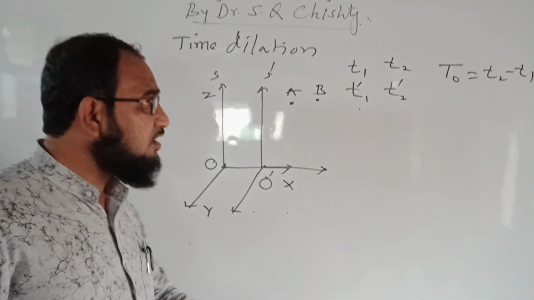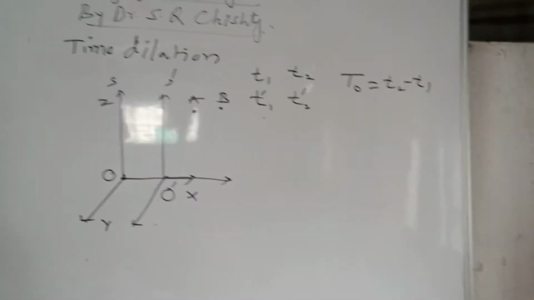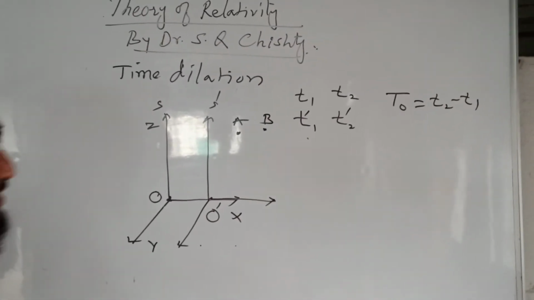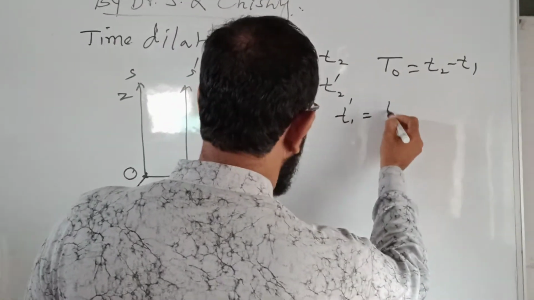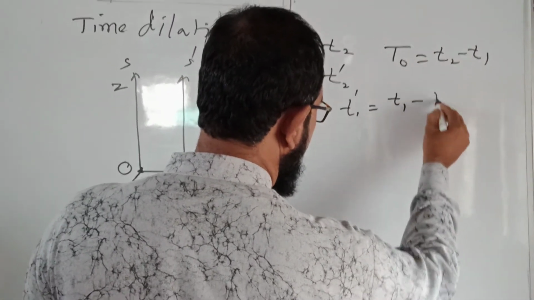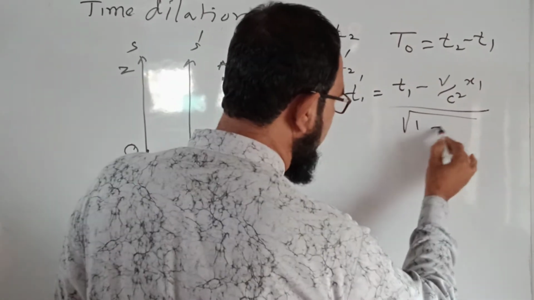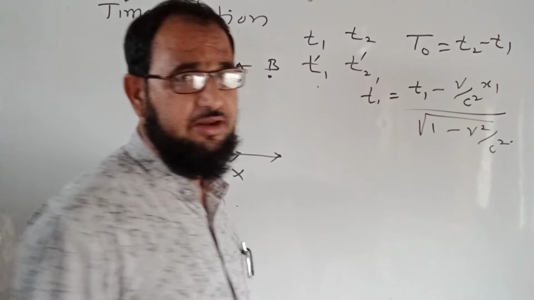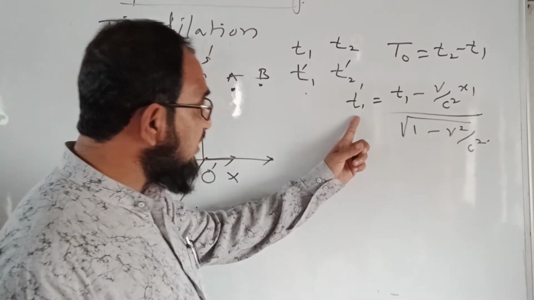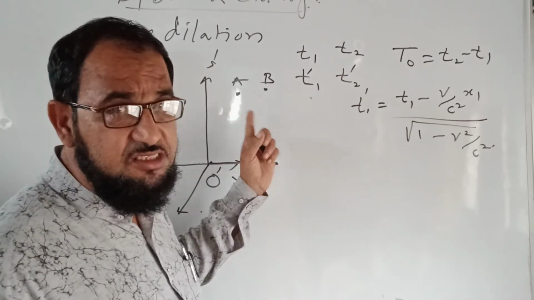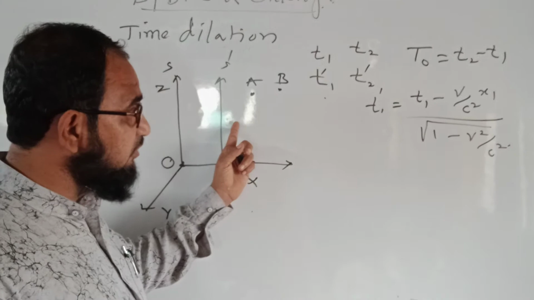Now, according to the Lorentz transformation, we can write the values of T1 dash and T2 dash. T1 dash is equal to T1 minus V by C square x1, upon root over 1 minus V square by C square. T1 dash is the time measured for the first event by the observer O dash in the second frame of reference.